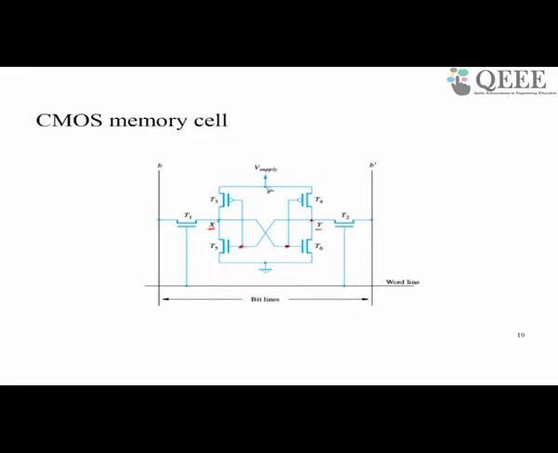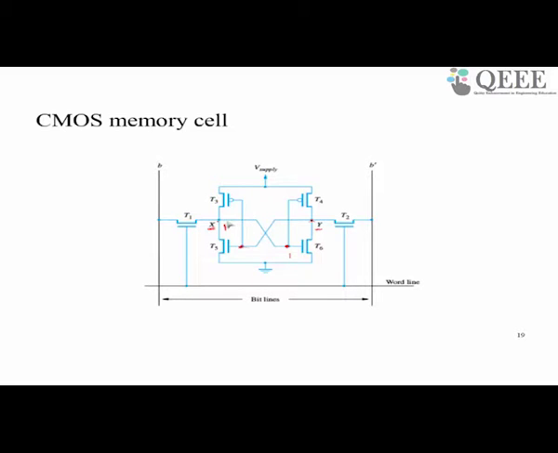The way it works is, if X is equal to 1, let us say, then if you look at this CMOS, this is an NMOS transistor which is on and this is off. So effectively there is an open circuit here and a closed circuit here, connected to ground.